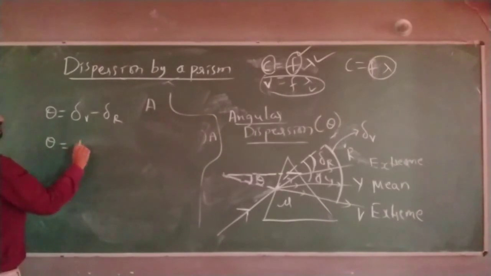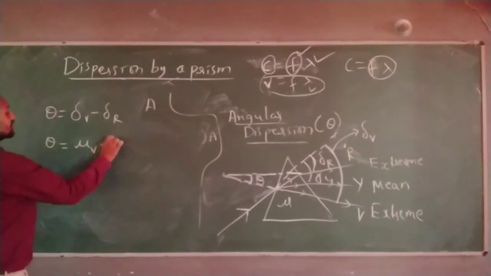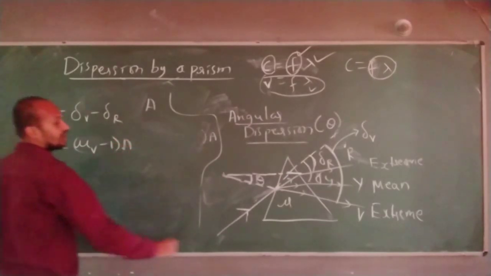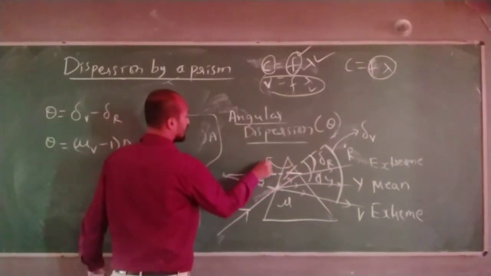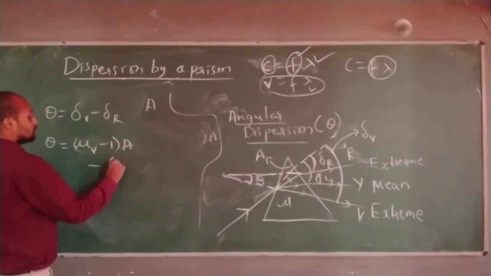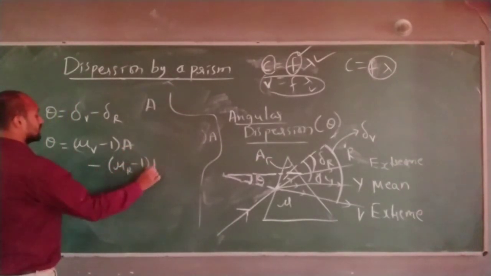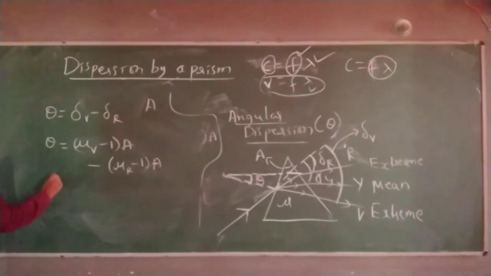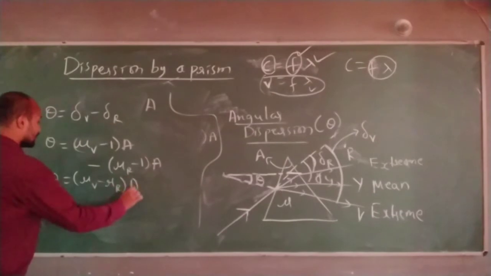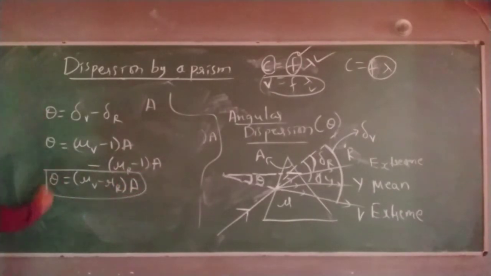So theta is mu v minus 1 into A, where A is the angle of the prism, minus mu r minus 1 into A. So this becomes theta is equal to mu v minus mu r into A. This is called angular dispersion.